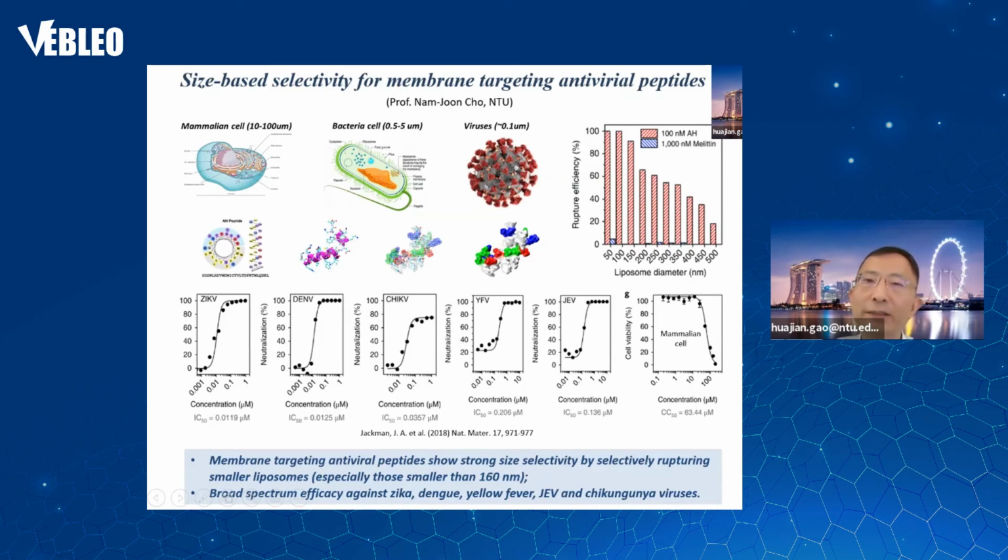Then we can test these antiviral peptides on a broad spectrum of viruses, Zika virus, dengue virus, and other viruses. So they're all very effective. There's a broad spectrum of efficacy against Zika, dengue, yellow fever, JEV, and chikungunya viruses.